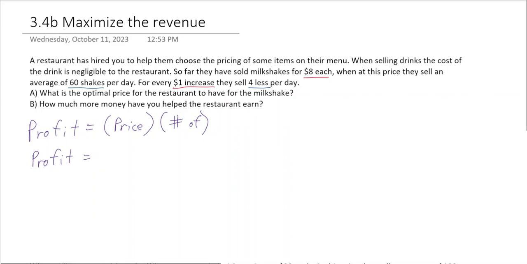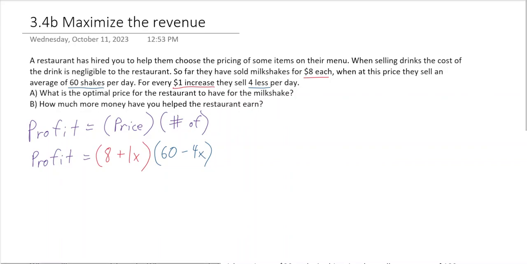So if we think about our price, it would be $8 normally, but if we increase the price by 1, then it also decreases the number of shakes, which is normally 60, but decreases it by 4. So now we've got our price and we've got our number of shakes, and that equals our profit.